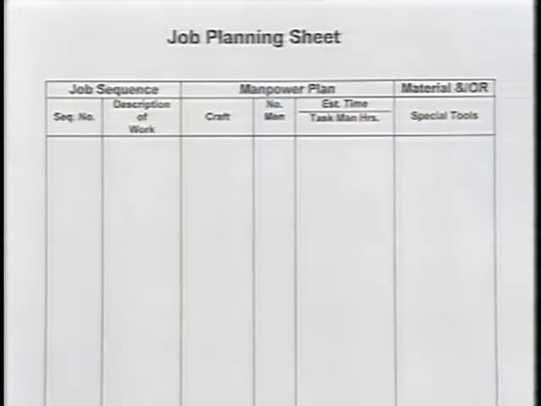Starting off with the left hand columns, up on the top horizontal line, we have a job sequence. Now that consists of 2 data elements: the sequence number, which is straight numeric, and the description of the work. First sequence, preparation. Second sequence, travel to the job site.